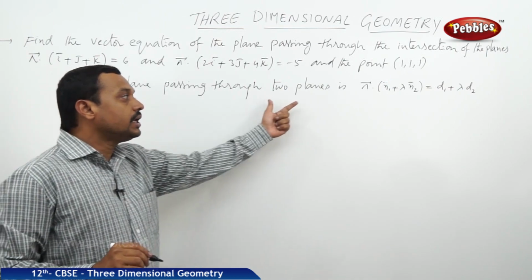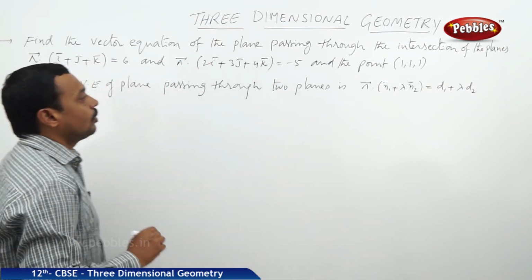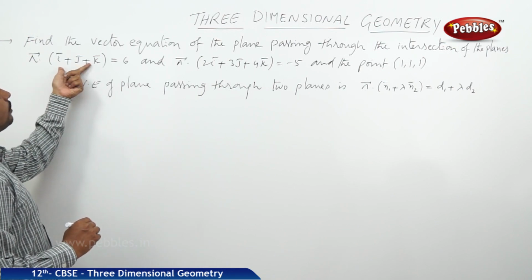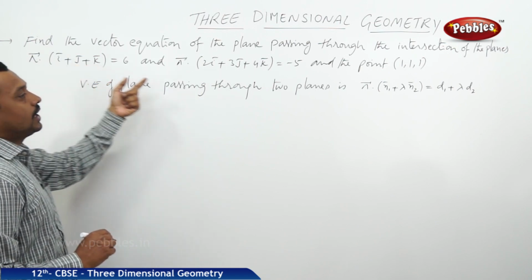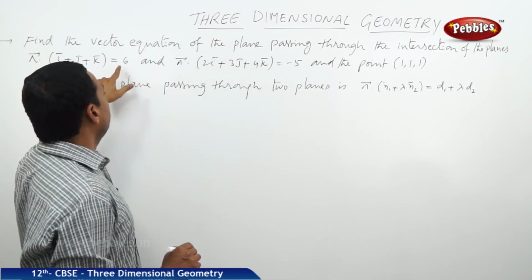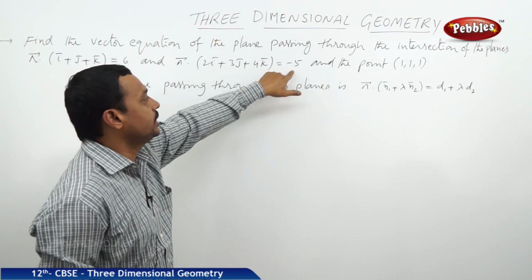So it is already proved. Here n1 is the vector perpendicular to the first plane and n2 is the vector perpendicular to the second plane, d1 is 6, d2 is minus 5.